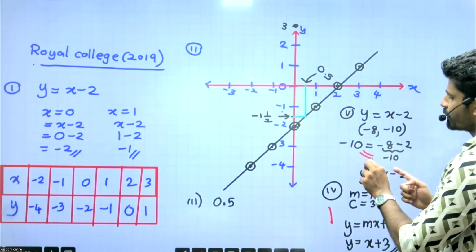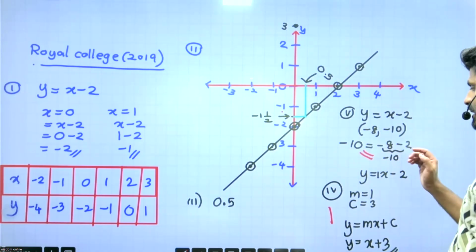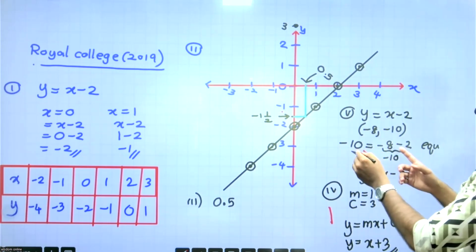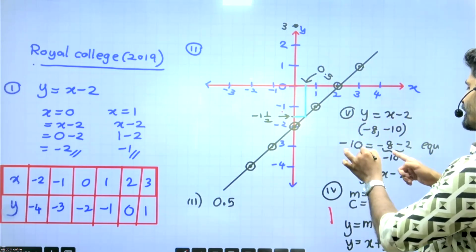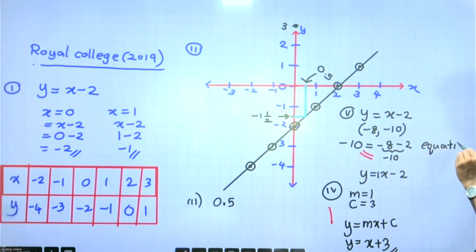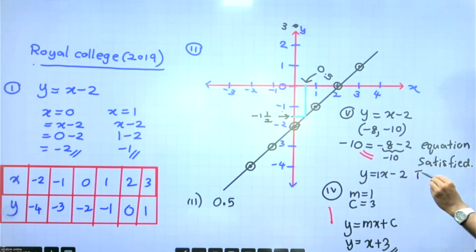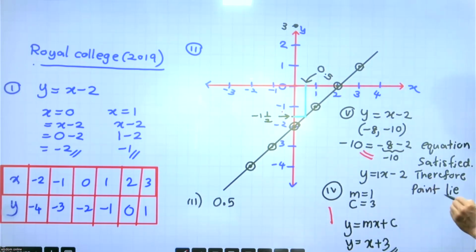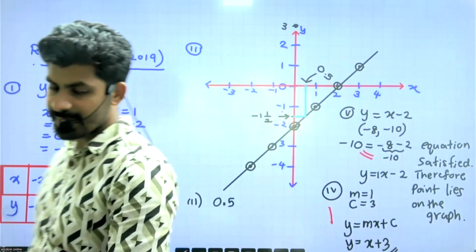So minus 10 equals minus 10, that means the equation is satisfied. Therefore the point lies on the graph.